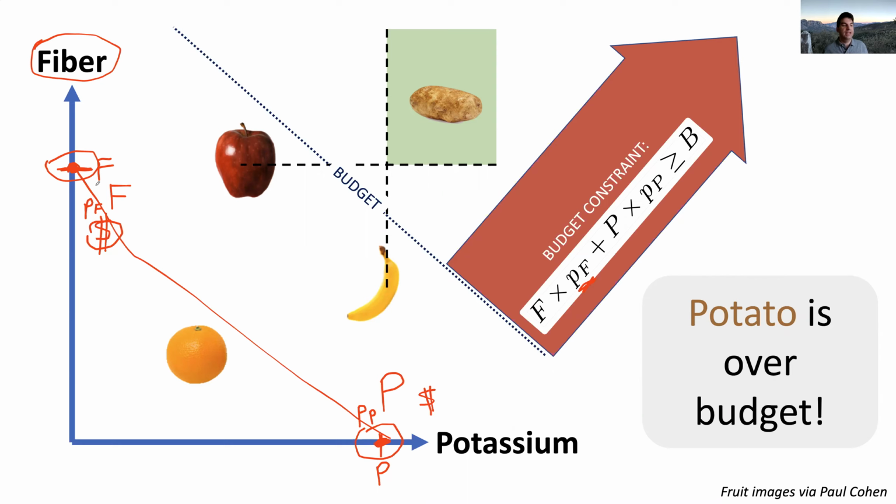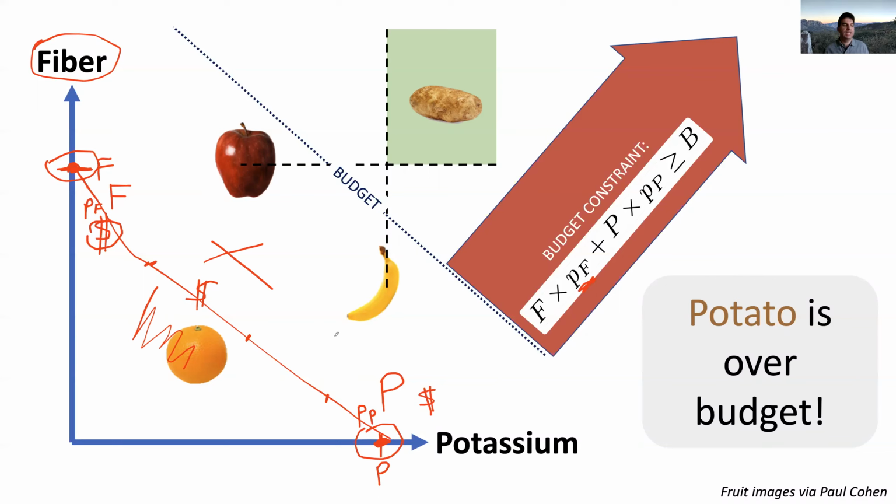So this line that I've just drawn represents, if I know the cost of fiber and the cost of potassium, every possible mixture of fiber and potassium I could buy for a given budget, for a given dollar amount. Anything below that line, I have enough money for. Anything above that line, I do not.